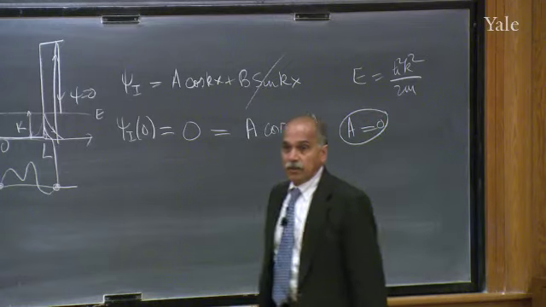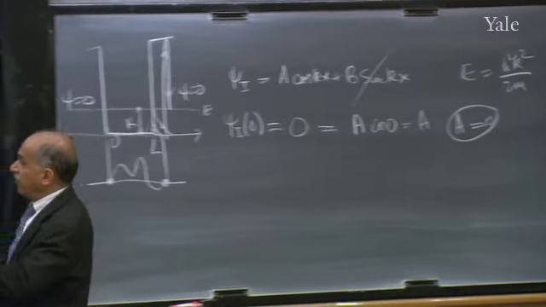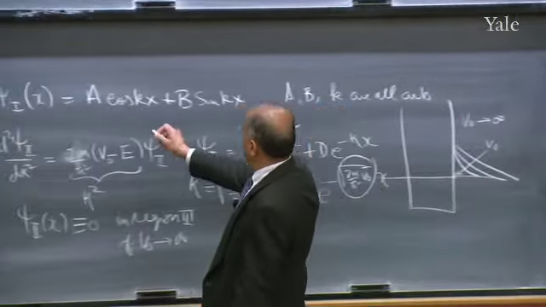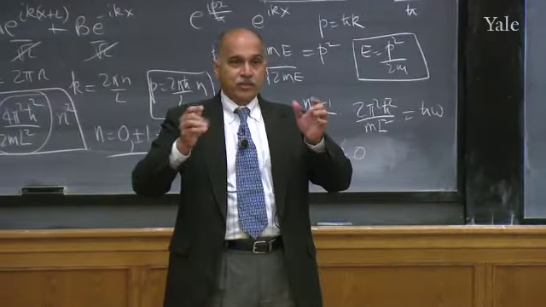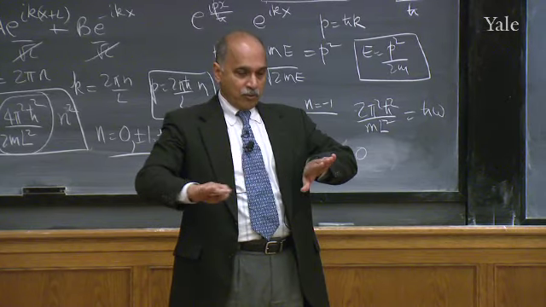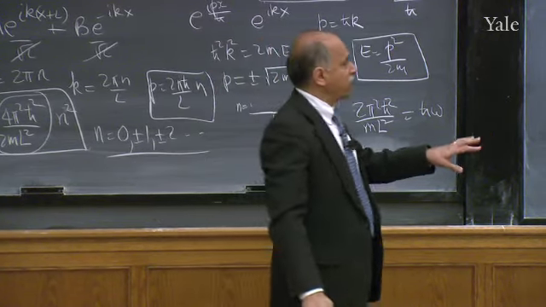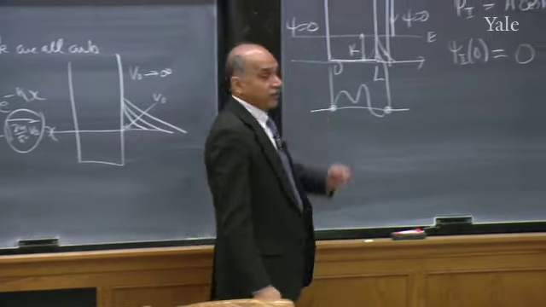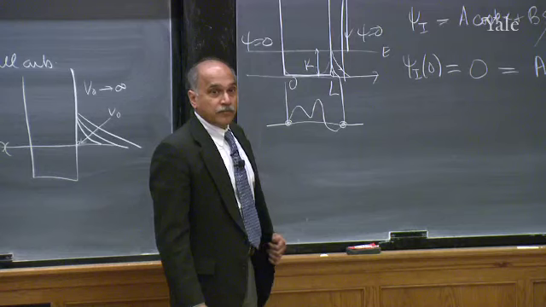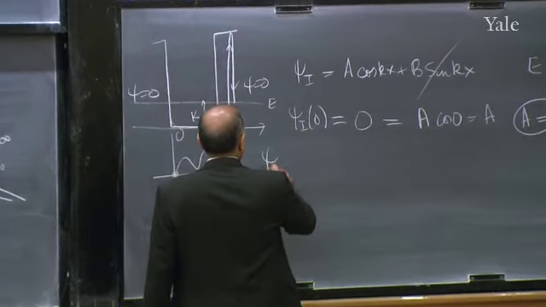It is not allowed. So even though it looked like, before we went to the other regions, you can have any A and any B, if you're only in the middle region, that's correct. But if you want to connect your answer in the middle region to a 0 on either side, then the coefficients have to be such that the psi you have in the middle vanishes at the left end. So A is gone. So I'm now left with only the following thing.